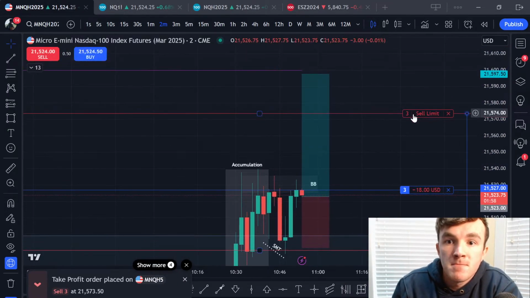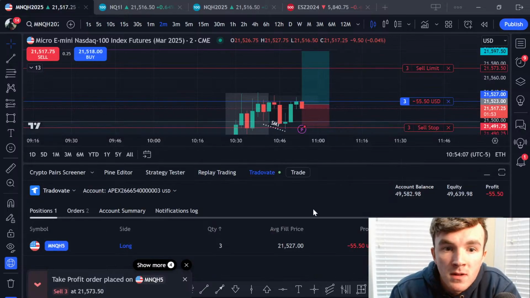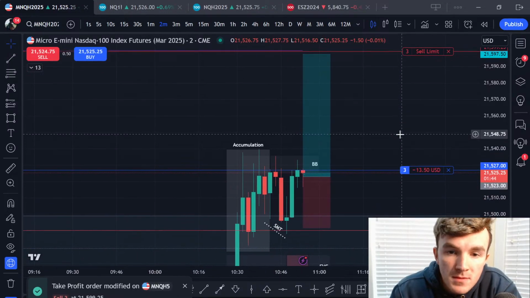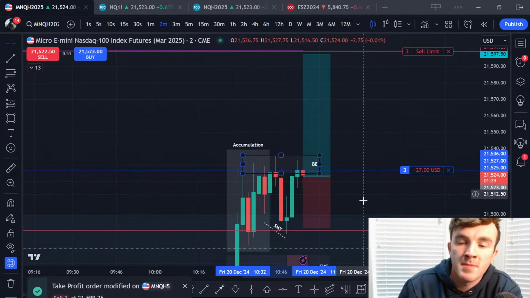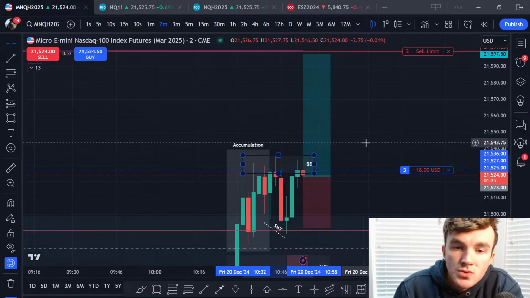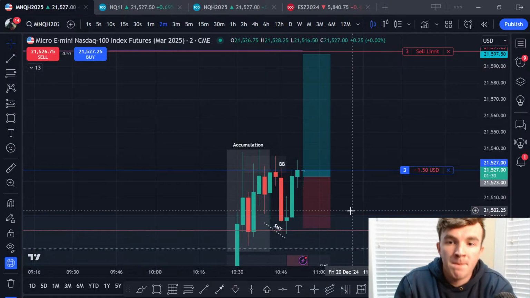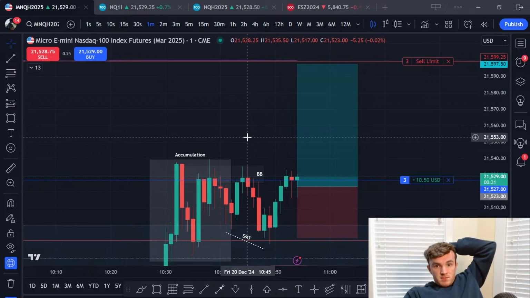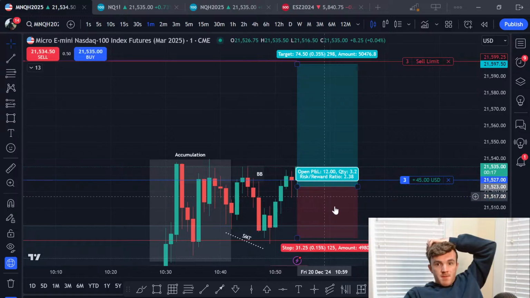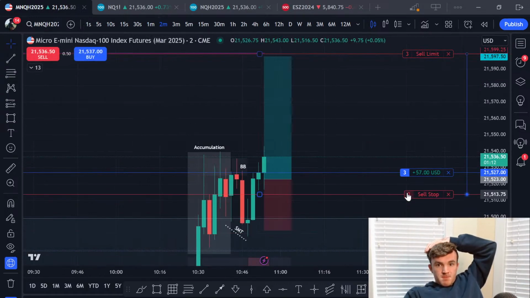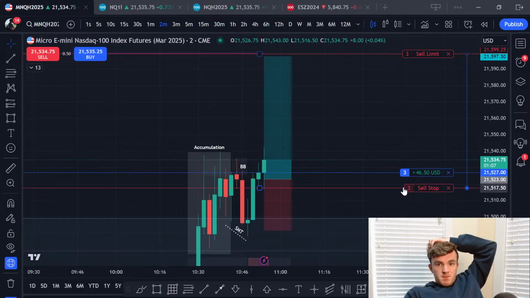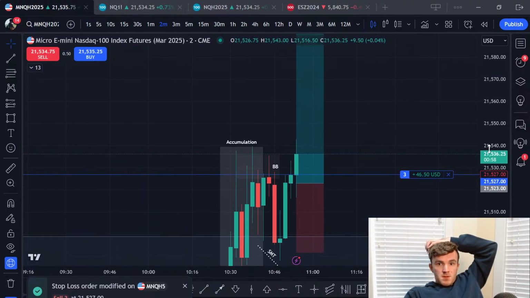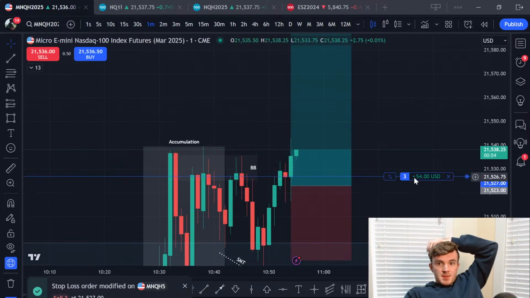Order filled. Third one. Nice 3 candle inversion with SMT going into the macro. Actually, maybe shouldn't have stop at break even quite yet.